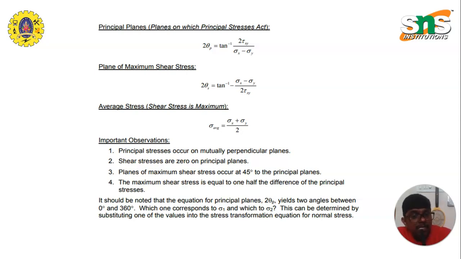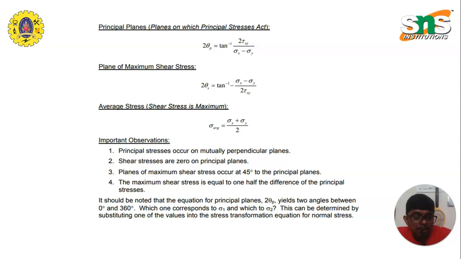The average stress is the average of the principal stress in the x direction plus the principal stress in the y direction. With respect to this, we need to find the shear stress, which should be maximum.